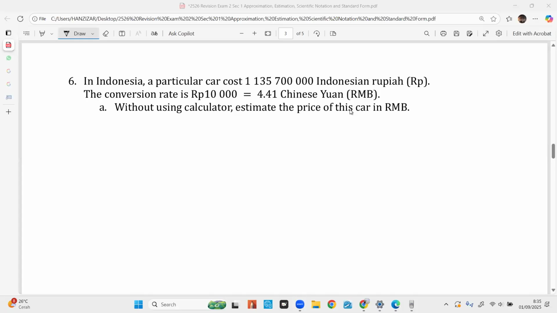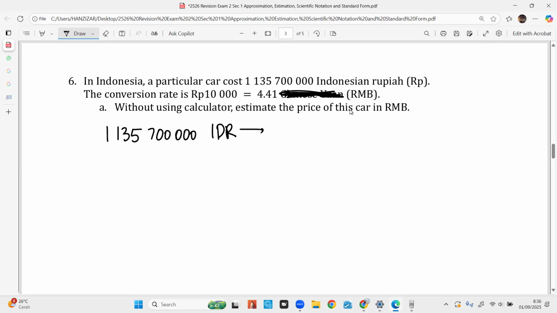1,135,700,000 Indonesian rupiah. And the conversion rate in RMB, Chinese yuan, is 10,000 is 4.41. Okay. I think Chinese yuan and RMB are quite different, but let's see RMB itself. You just cross out the Chinese yuan. Now, 1,135,700,000 IDR is how many RMB?